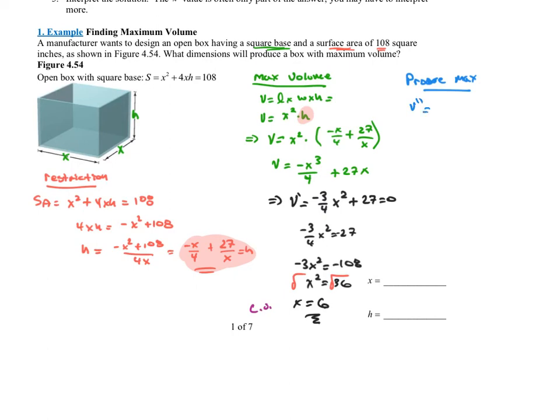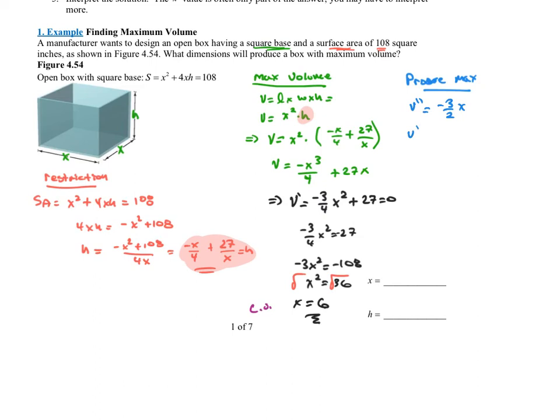The second derivative of this would be negative 3/4 times 2x, so that'd be negative 3/2 x, and then the derivative of 27 is 0. So negative 3/2 x is my second derivative.